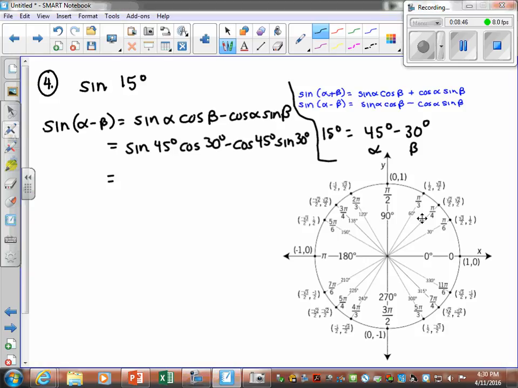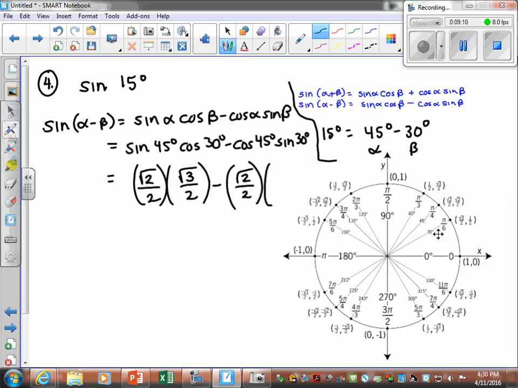Sine at 45 degrees is going to be the square root of 2 over 2. Cosine of 30 degrees is square root of 3 over 2. Cosine at 45 degrees is going to be square root of 2 over 2. And sine at 30 degrees is going to be 1/2.